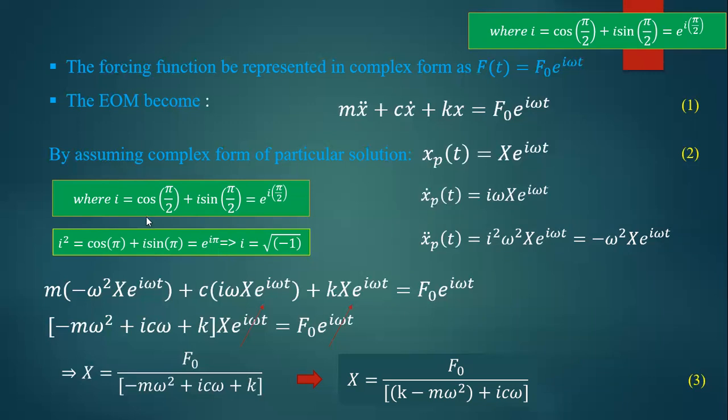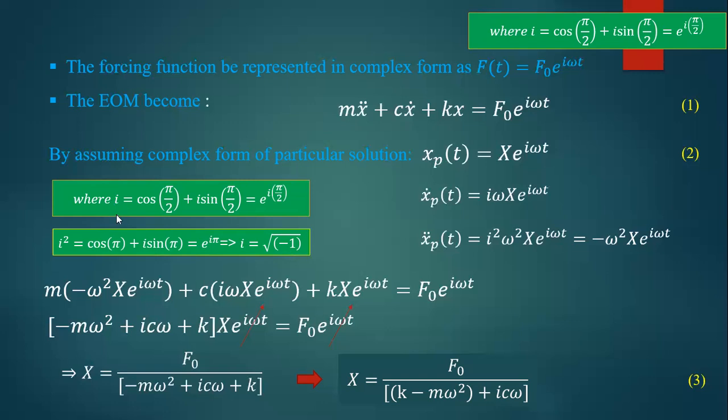There is also a representation of the complex format with the trigonometric format. For example, i is equal to cos pi over 2 plus i sine pi over 2, which implies e to the power of i pi over 2.